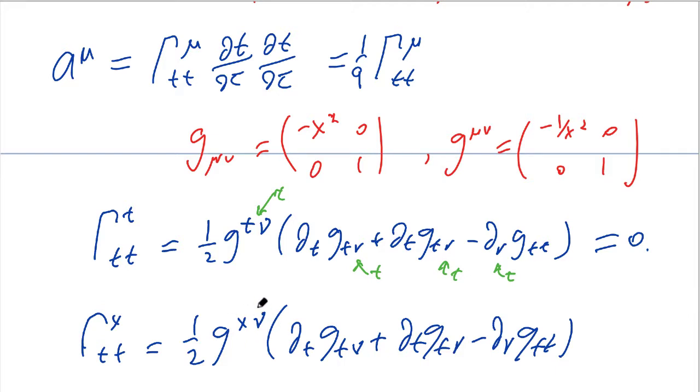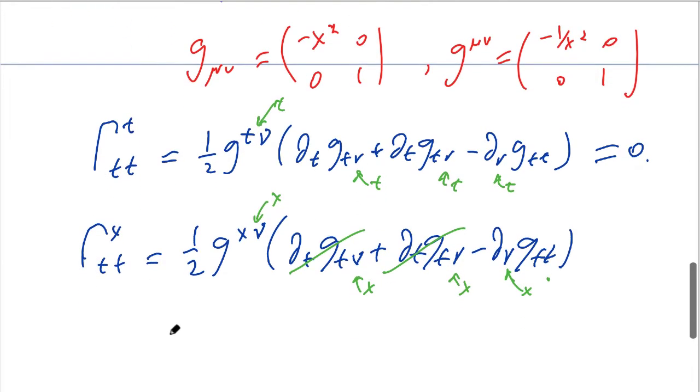Because the inverse metric is diagonal, this index nu has to be an x. So we can put x in place of nu in all of these terms. And these terms vanish again because none of the metric components depend on t. But this term is a derivative with respect to x of g tt. So it's a derivative of this component with respect to x, and that's non-zero.